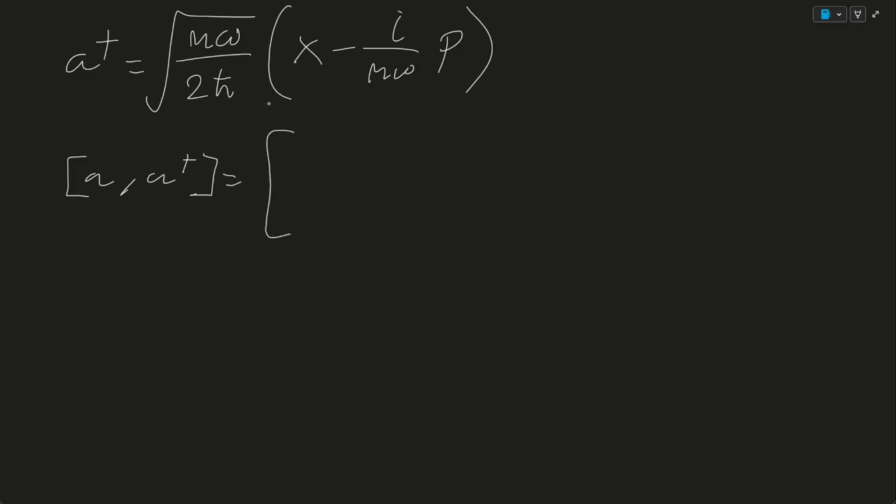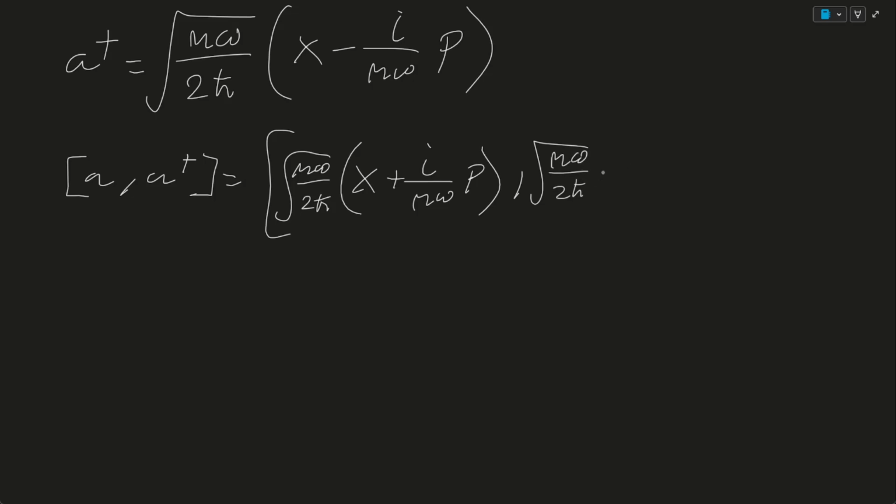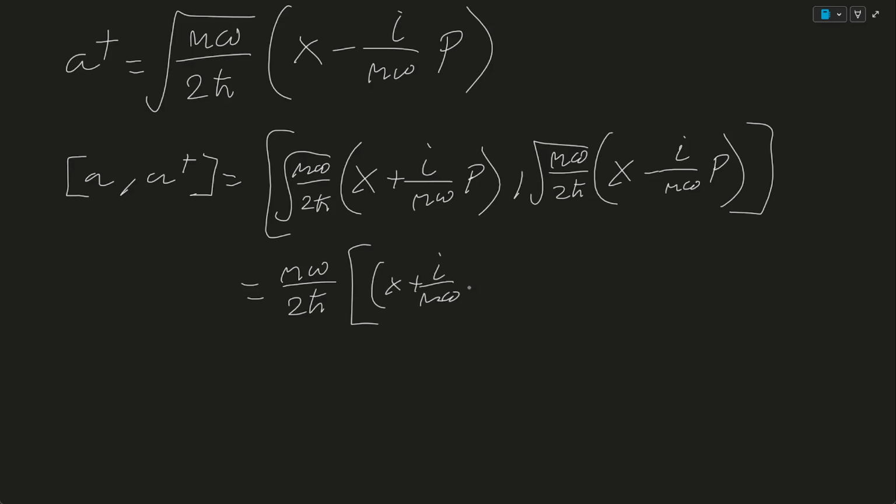Well, it is m omega over 2h bar, x plus i over m omega p, comma, x minus i over m omega p. We can simplify things by pulling out this m omega over 2h bar term because it doesn't depend on anything.